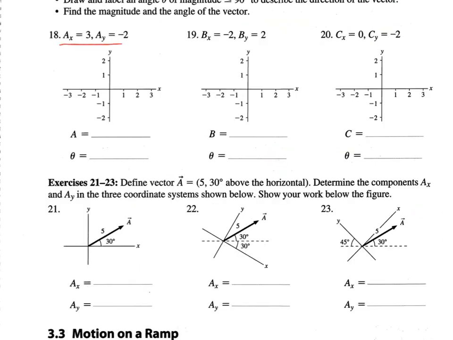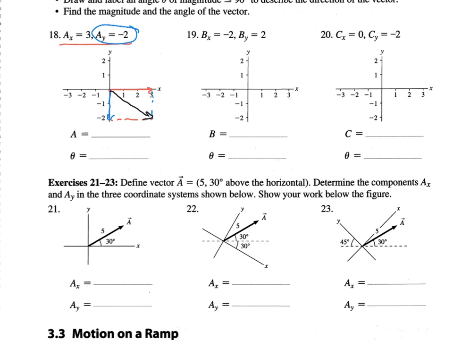Alright, let's go up here. My x is 3. My y is negative 2. And you would do the parallelogram thing on here. And you would get a vector like that.